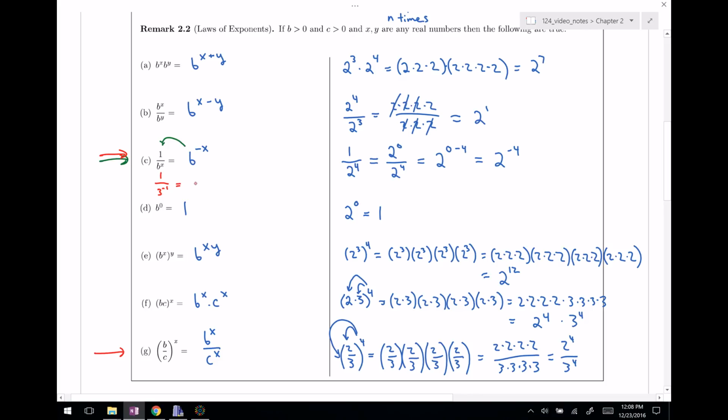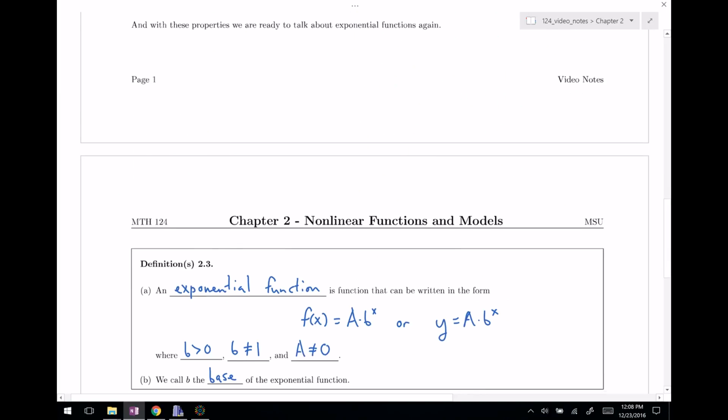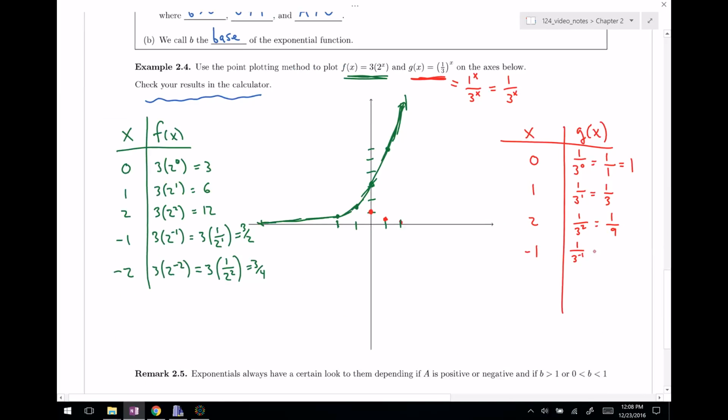So I can trade this in for 3 raised to the negative x. Again, my x is negative 1, so negative negative 1 is just going to be 1. So the claim is this is just 3. That's pretty nifty. But, again, I'm a little bit paranoid.